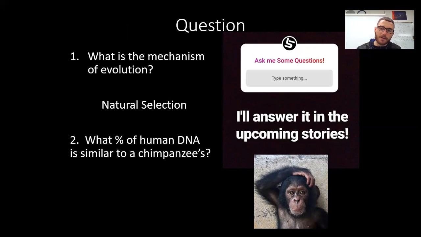Got a lot of good feedback on that one. Similar DNA is going to be 98.8%. Again, we can see that the most human-like creature on Earth is the chimpanzee, and it should be no coincidence that its DNA is so similar as well. Again, connecting all those lines of evidence for evolution, right?